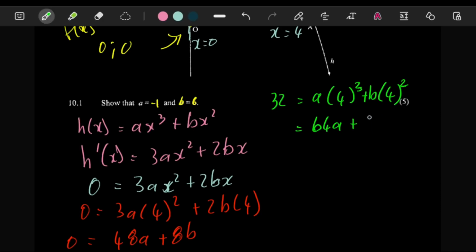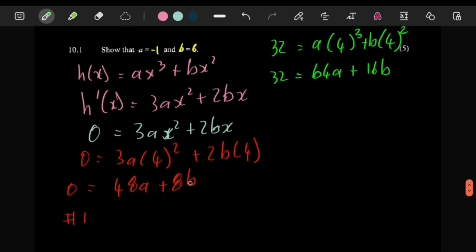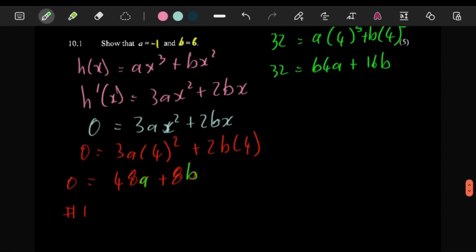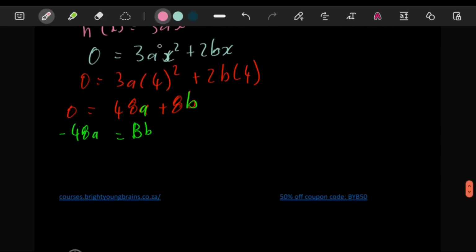Sometimes in math you do funny things and you wonder what you just did. So here, there's a b and there's an a. Let's carry on, isolate one variable and put it into the other one. Let's isolate b here, so it's going to be negative 48a, and then divided by 8 on both sides.